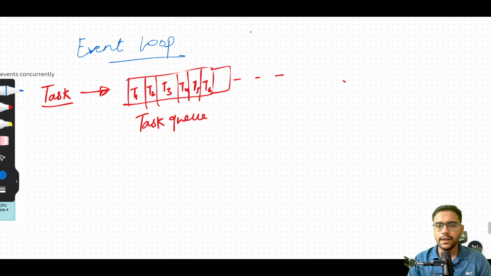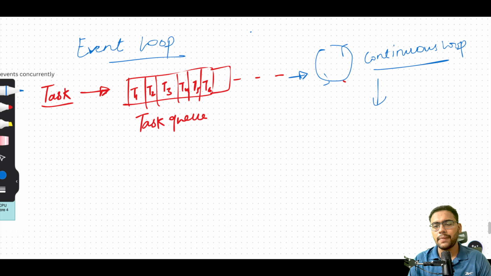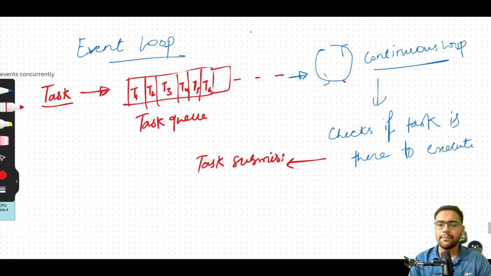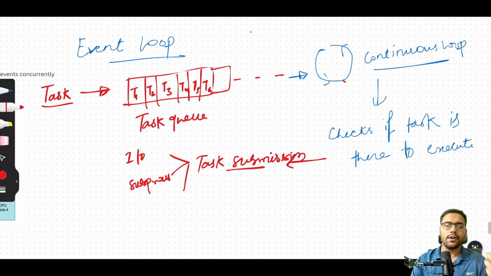Then the event loop, a kind of continuous loop as the name suggests, keeps checking whether there is a pending task in the queue to execute. Once the event loop finds some task in the queue, it sends it for task submission. Then this task internally can have, for example, some IO call, some API call, or a subprocess call, like running some command and waiting for the command to give the output as a subprocess.